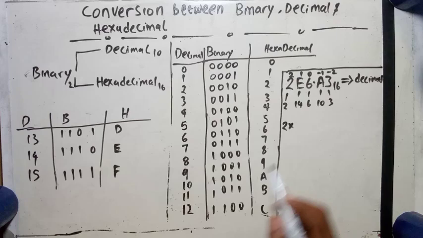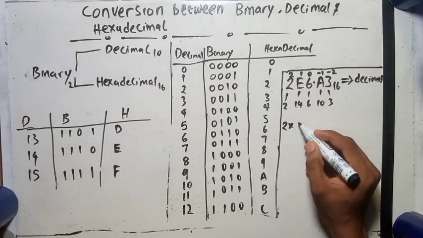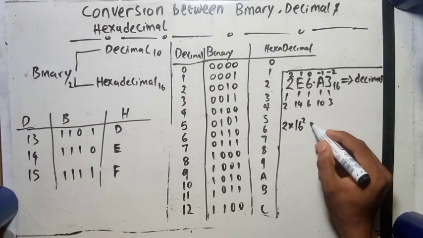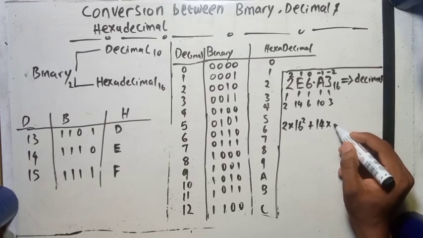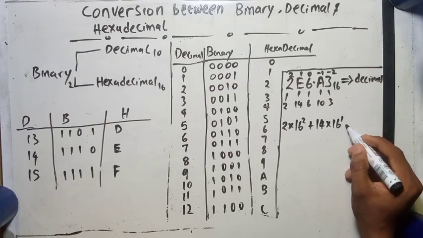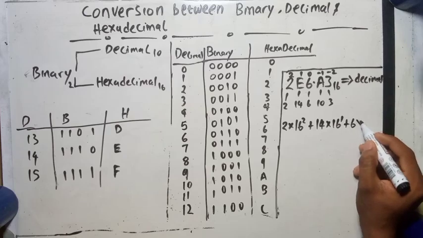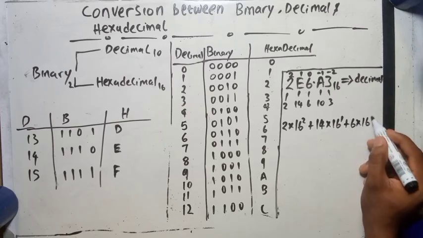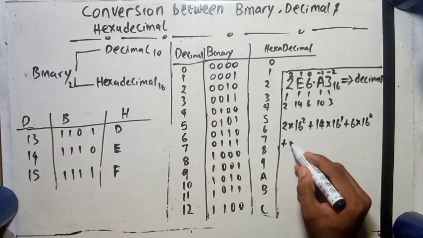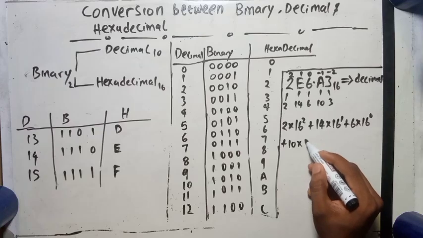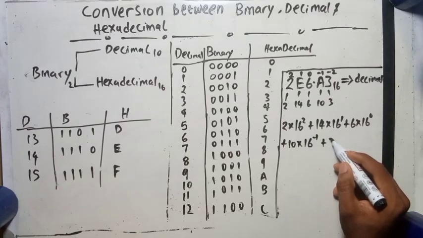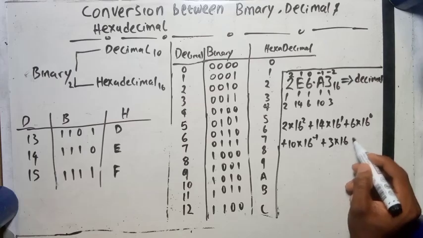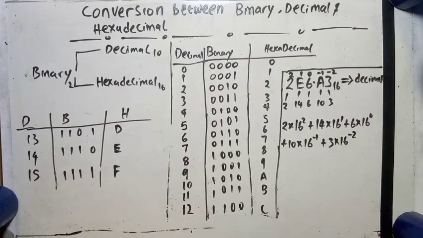So we'll be having 2 times, E is 14, 16 raised to power 2 plus 14 times 16 raised to power 1 plus 6 times 16 raised to power 0 plus 10 times 16 raised to power minus 1 plus 3 times 16 raised to power minus 2.